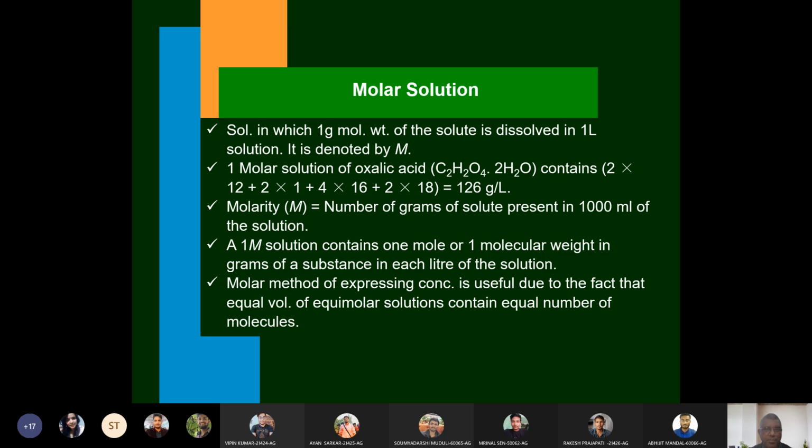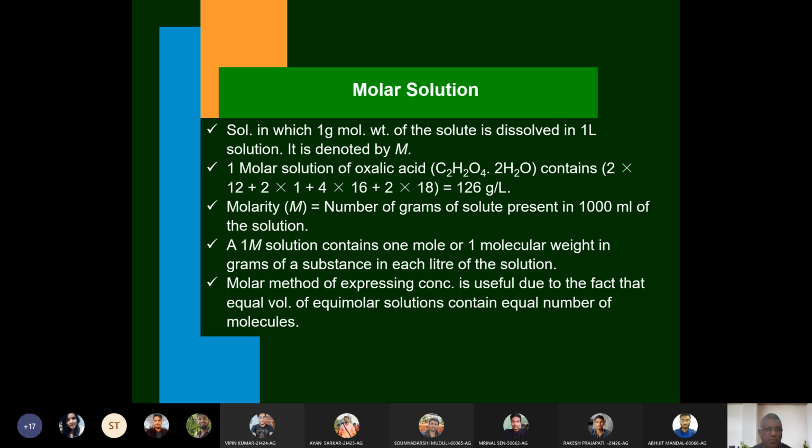Solution in which 1 gram molecular weight of the solute is dissolved in a 1 liter solution. So the only difference here is that instead of gram equivalent weight, we take gram molecular weight. Other things are same.